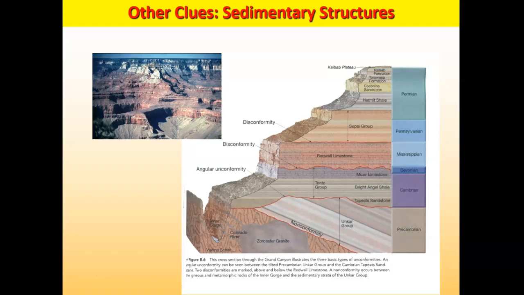But then my environment changed and I was standing in mudstone. What does that mean? Now it tells me that sea level has risen and I'm actually offshore. And then finally I'm in limestone. Sea level is even higher because now I'm out by where the coral reefs are being grown and created. And so it tells me that sea level has increased from this point to this point. And if it was reversed, it would tell me it decreased.